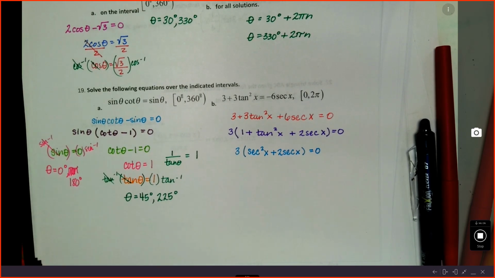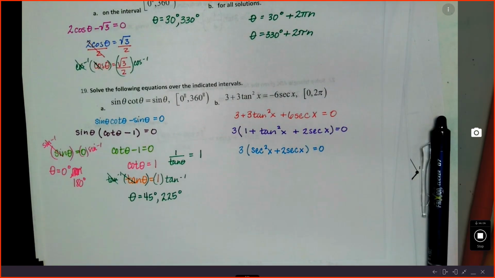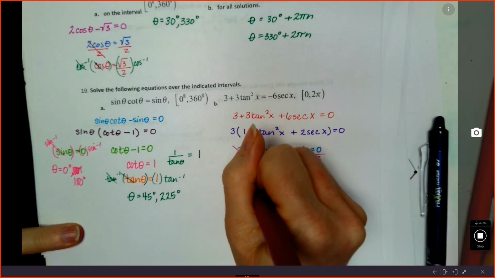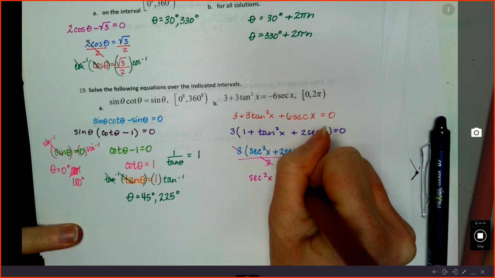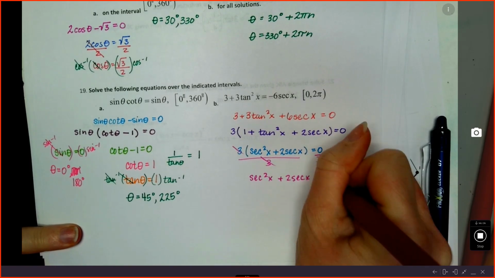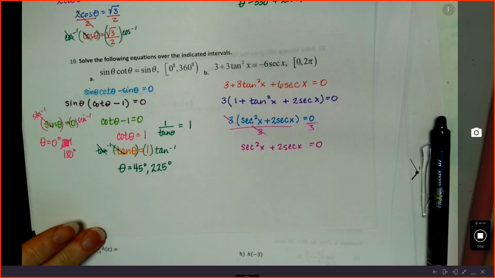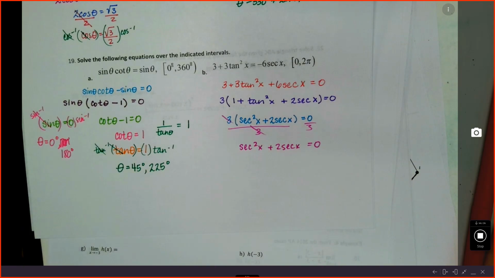It's not wrestling. So now we're just trying to solve. I could divide by 3, the 3 kind of goes away, right? Because 0 divided by 3 is nothing. Okay, so now I have secant squared x plus 2 secant x. Now what? We're just factoring.